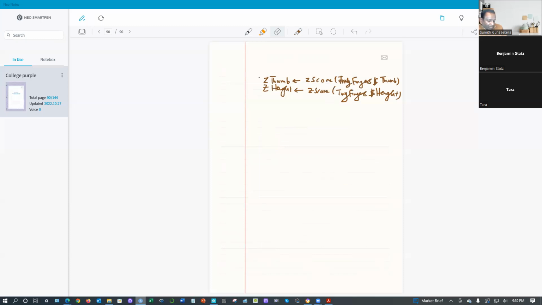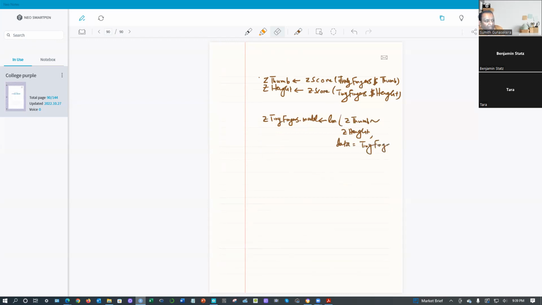Then I can say the model. The model name, Z tiny fingers model. Tiny fingers model means I'm gonna fit Z values, Z thumb versus Z height. You have put them back into your data, tiny fingers.